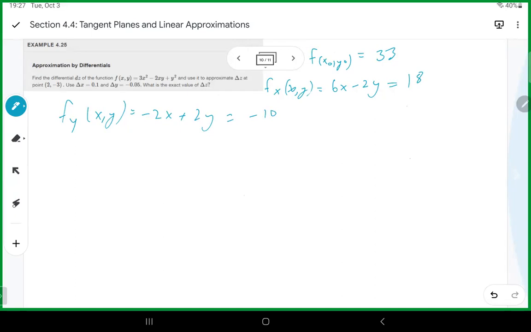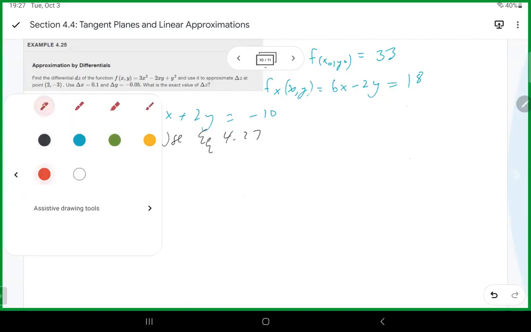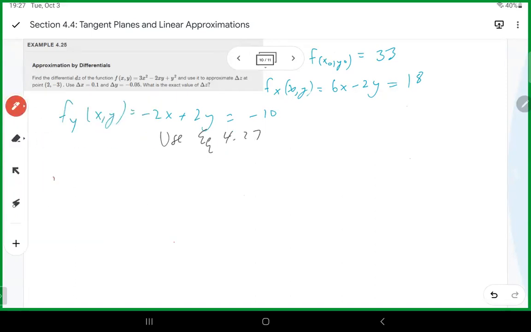Now we're going to substitute into equation 4.27. And we get dz equal to f of x at x sub 0, y sub 0, dx plus f of y at x sub 0, y sub 0, dy.